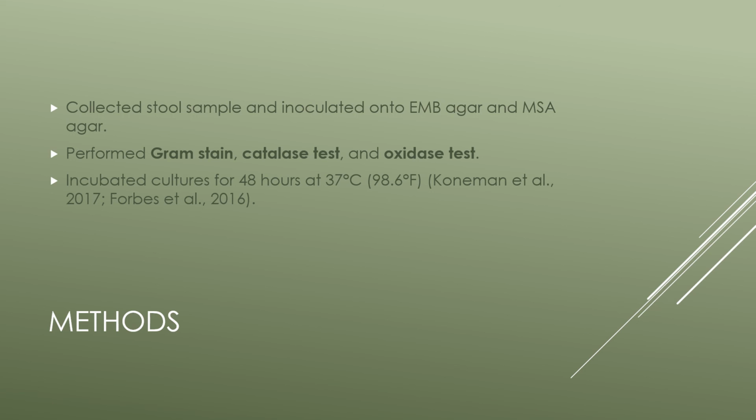All plates were incubated at 37 degrees Celsius, or 98.6 Fahrenheit, for 48 hours, and this will allow for colonies to grow and to be observed for typical E. coli characteristics. So we'll be able to tell which E. coli is in her body.